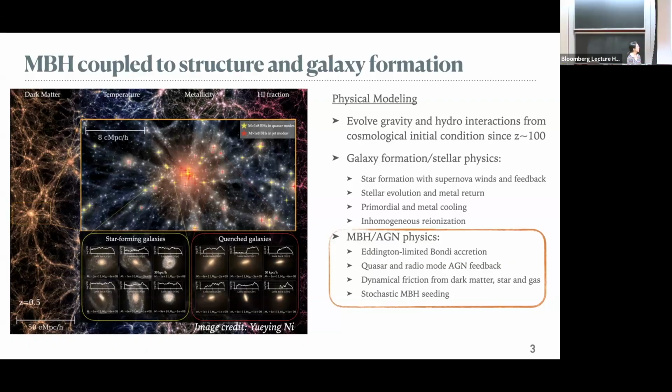For example, for the reionization, I think the TNG used a fixed uniform UV background, so we have more of an inhomogeneous reionization. The stellar physics are not so different. Maybe we use a different supernova wind model, but they are qualitatively similar.